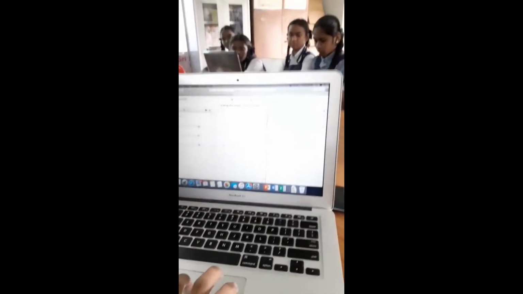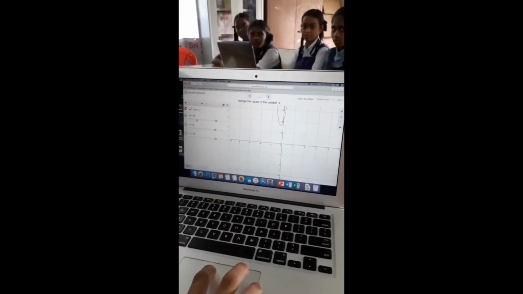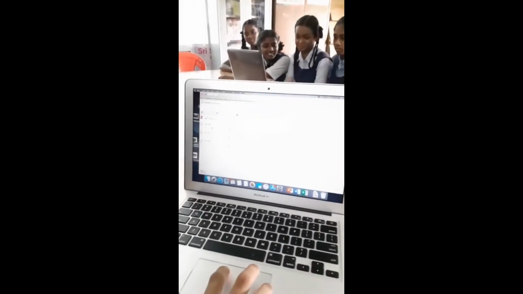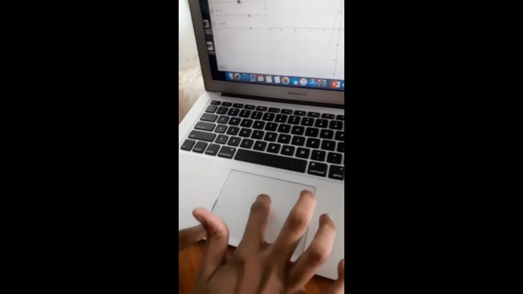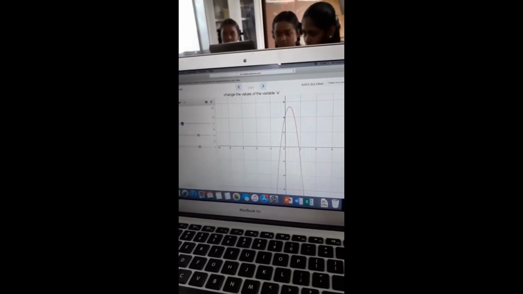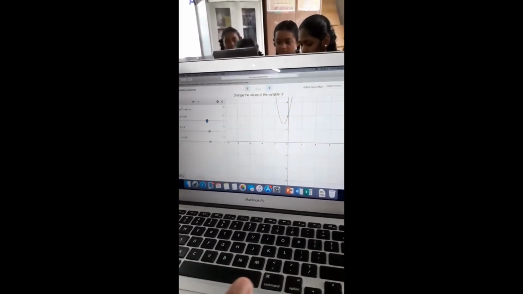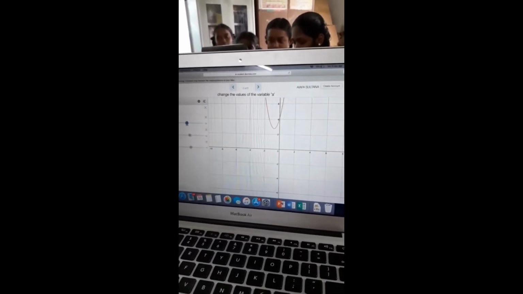If the value of a is negative, then the parabola opens downwards, and if the value of a is positive, then the parabola opens upwards.